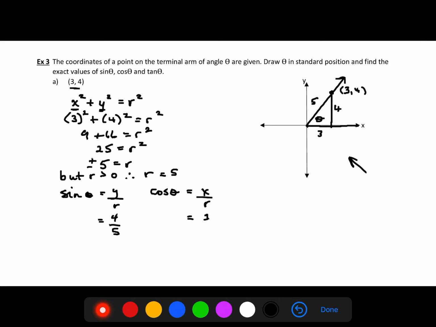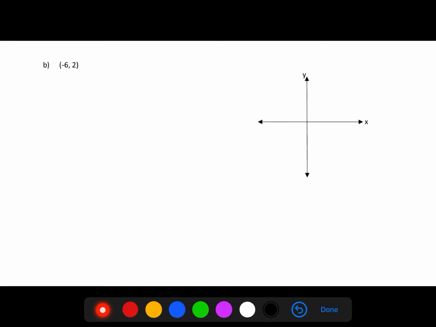And x is 3, radius is 5. So our cosine ratio is 3 over 5. And our tangent is equal to y over x, which means that is equal to 4 over 3. And those are our exact values. We weren't asked to find out what the angle is. We were just asked to find our sine, cos, and tan ratios.